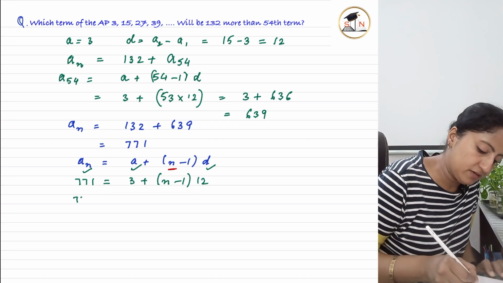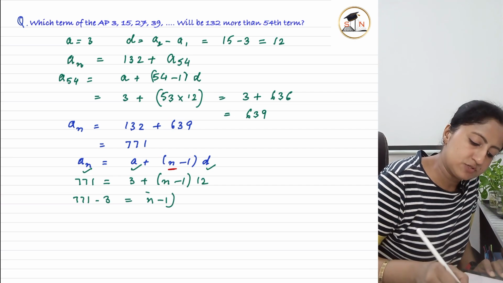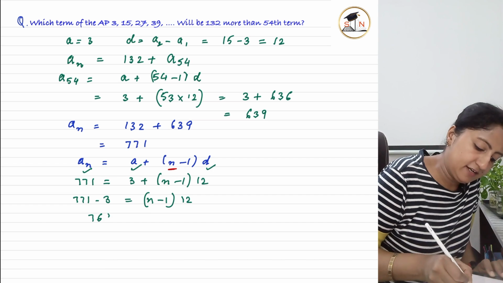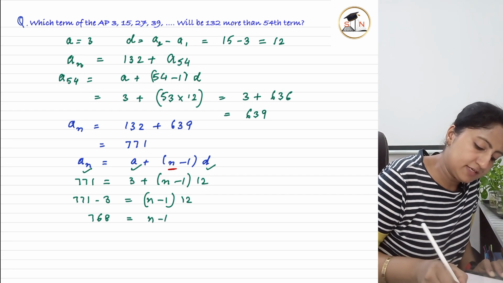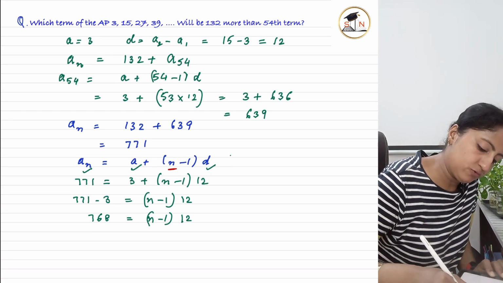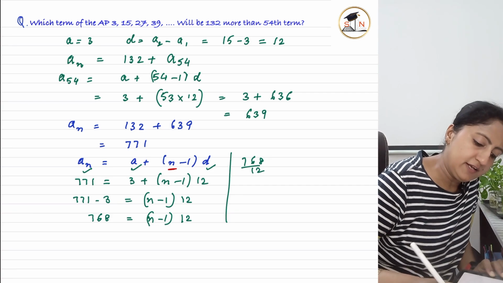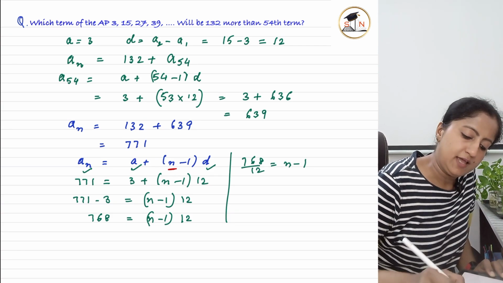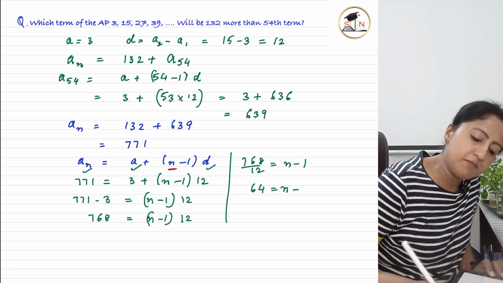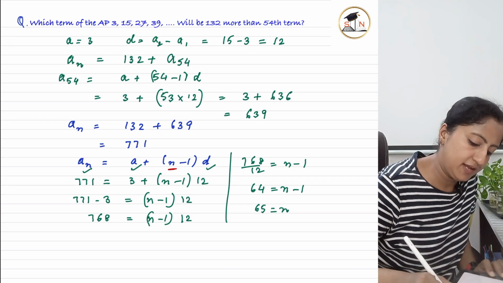We get 771 minus 3 equals (n minus 1) times 12. This comes out to be 768 equals (n minus 1) times 12. Now dividing 768 by 12 leaves me with n minus 1, and this comes out to be 64 equals n minus 1. That is, 65 is the value of n.